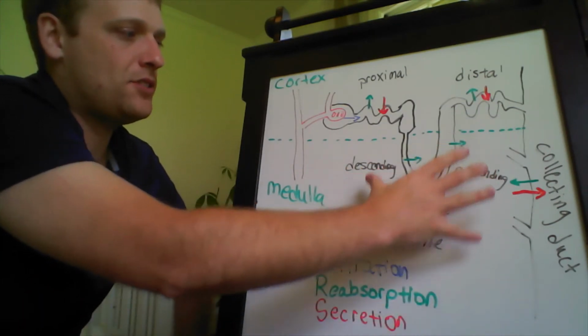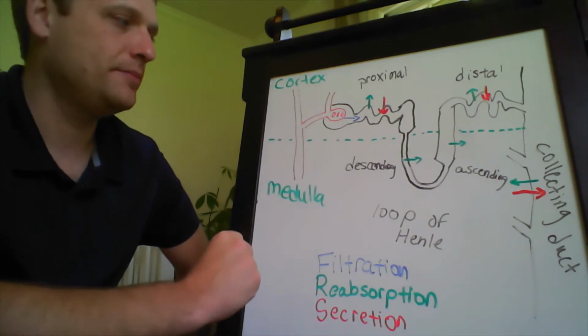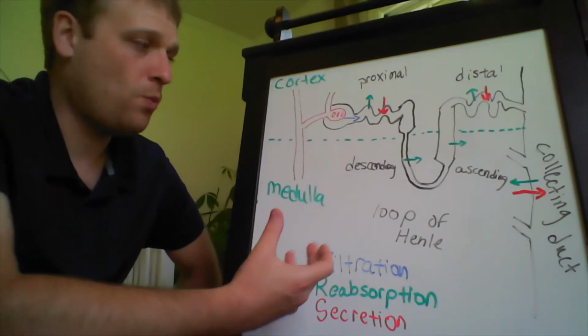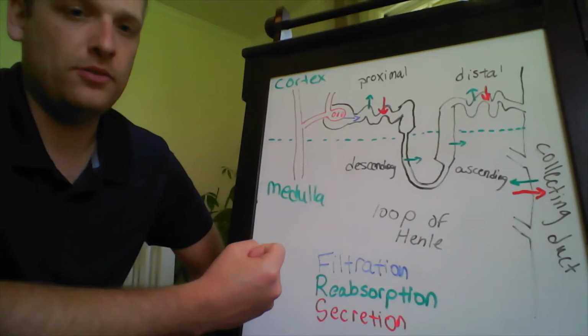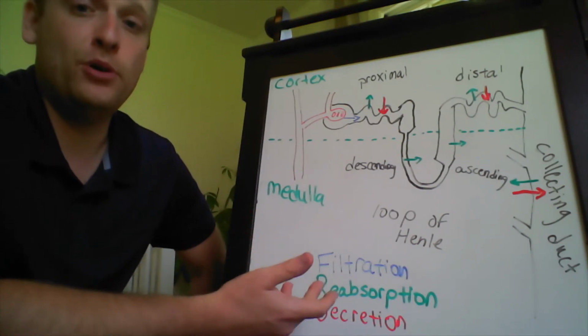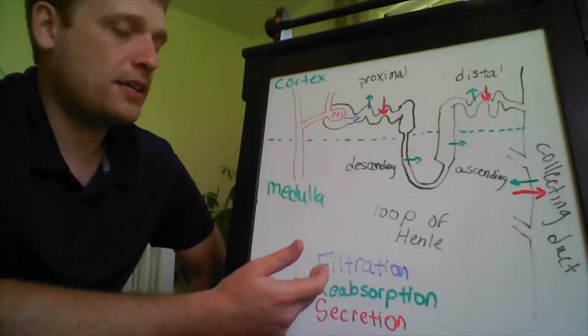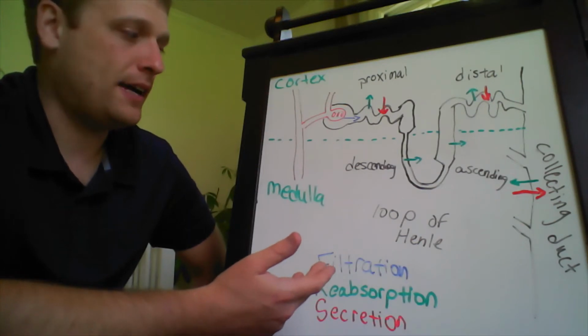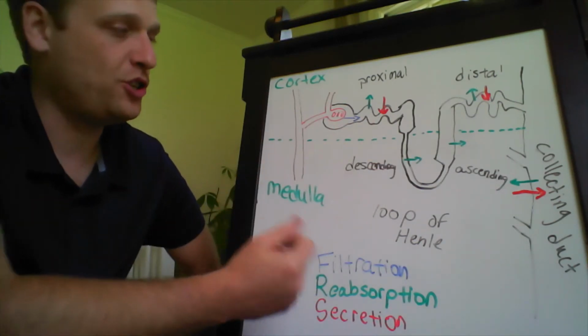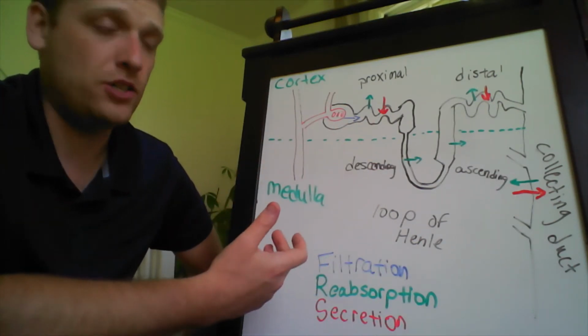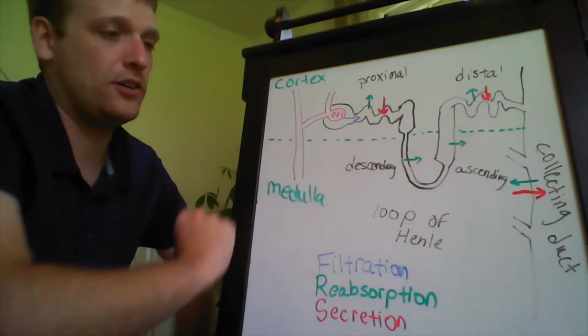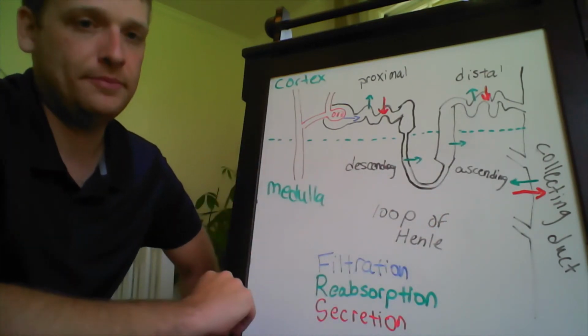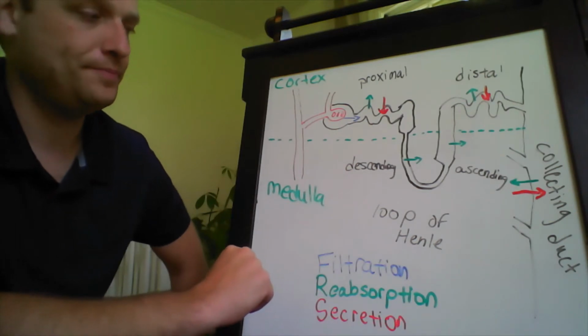So there's lots of salt in this region. And that salt is going to draw water out of those tubules by osmosis. So that's going to be one of the main ways that fluids are able to return back to the circulation, is osmosis that occurs in the medulla, in this loop of Henle.